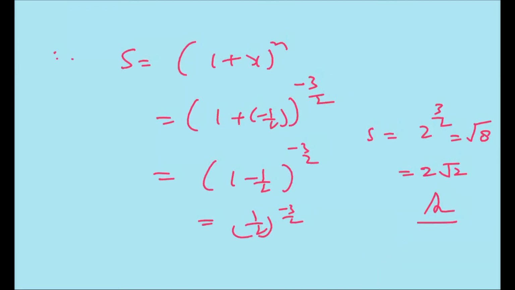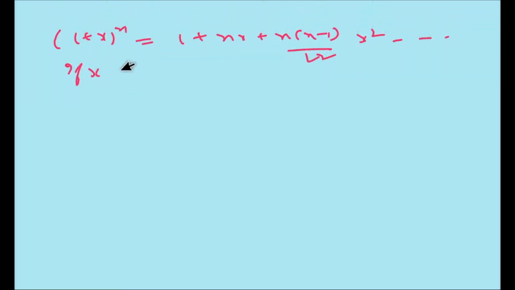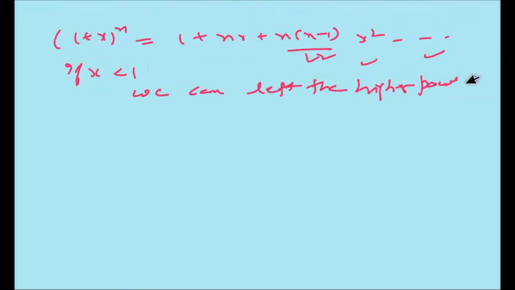So student, I want to explain one more very important question. In the expansion of (1 plus x) to the power n, we get 1 plus nx plus n(n minus 1) upon factorial 2 x square and so on. If x is less than 1, we can leave the higher powers of x.